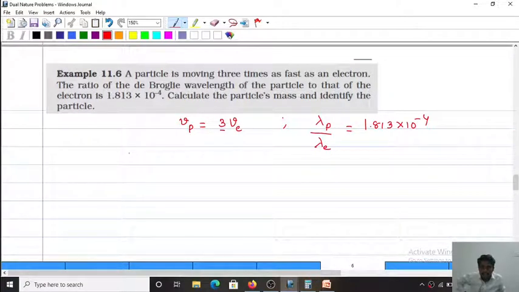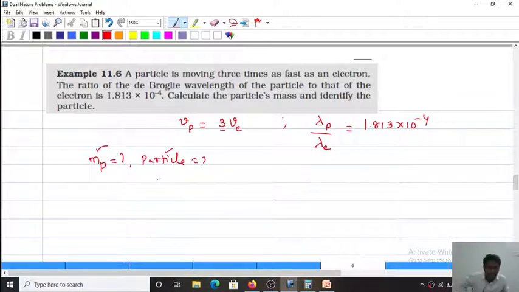Now what is asked? Calculate the particle's mass and identify the particle. We need to find the mass, and with the mass we can identify the particle.